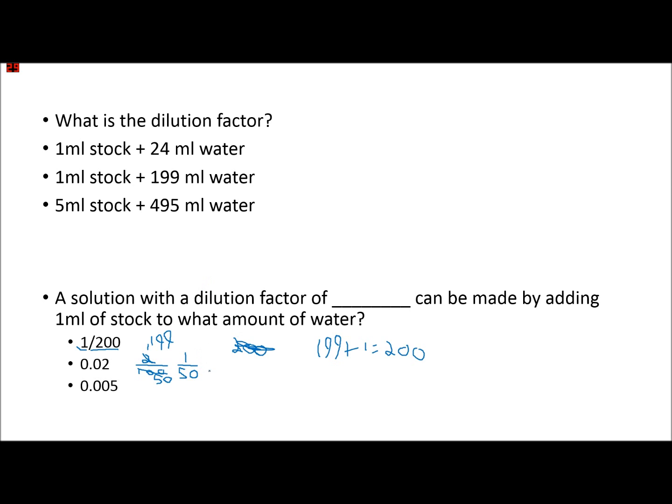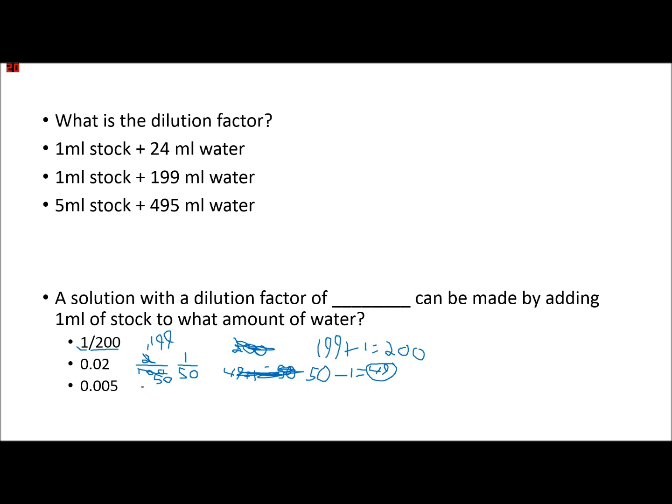Just like the last one, it's going to be 49, because 49 plus the 1 that we added is going to equal 50. Or rather, it makes more sense to think about it as your total is 50, and you know that you're adding only 1 milliliter of stock, so you had to have added it to 49 milliliters. And then that's your answer here.